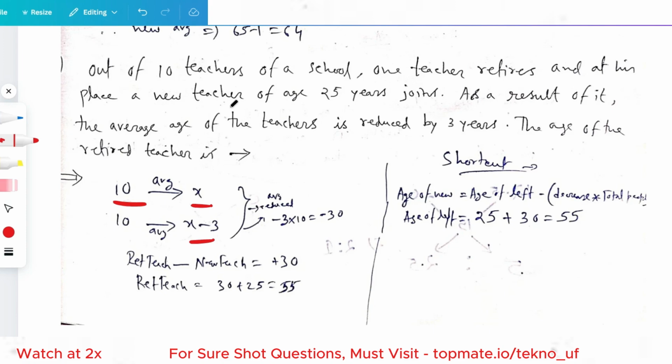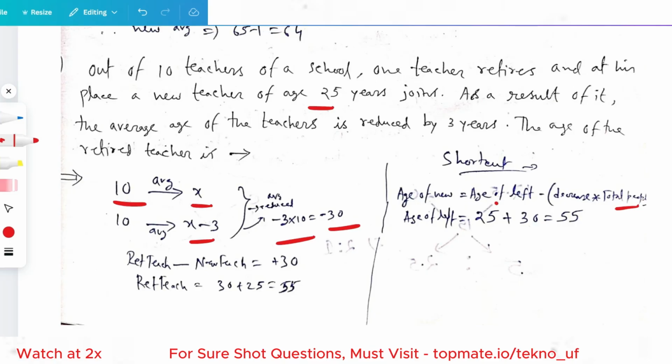So for 10 members, the total decrease is 30. The shortcut is: the age of the new member equals the age of the one who left minus the decrease into total people. So the age of the one who left is worked out from the new member's age of 25 years.